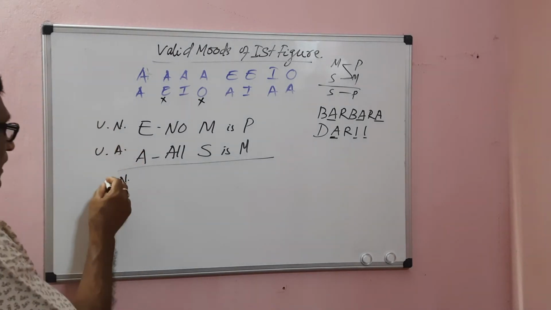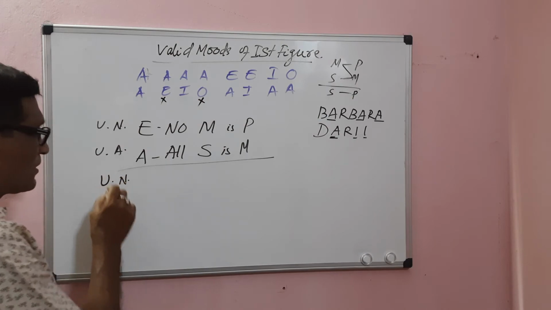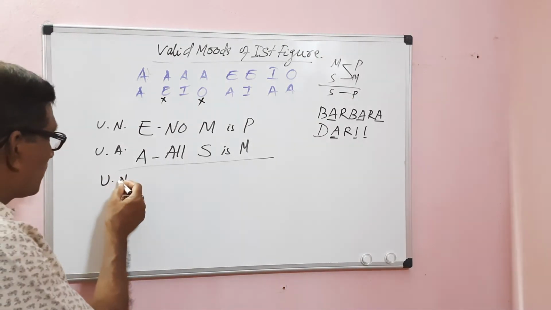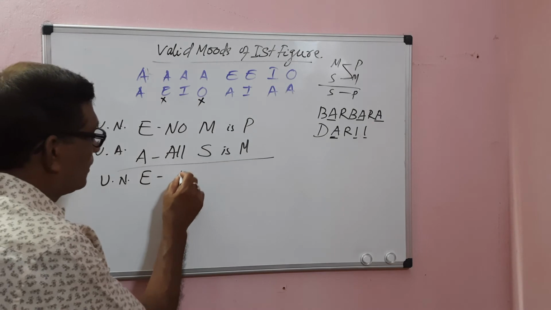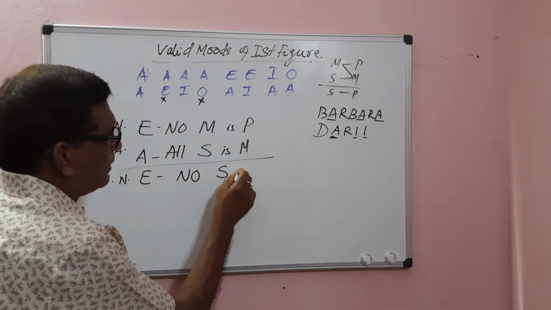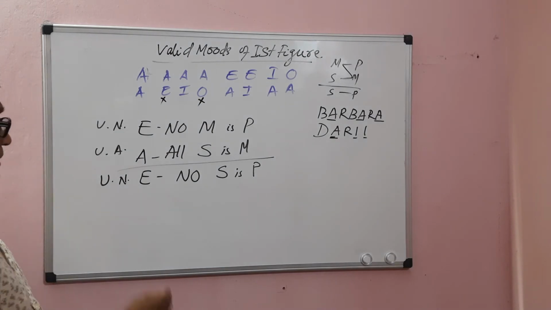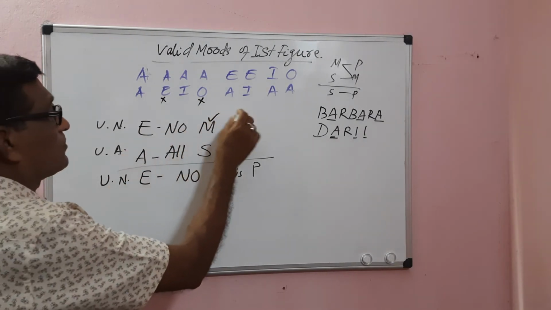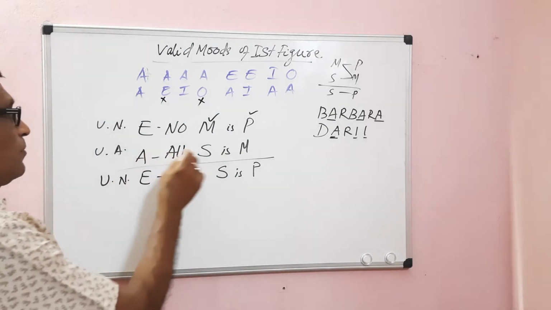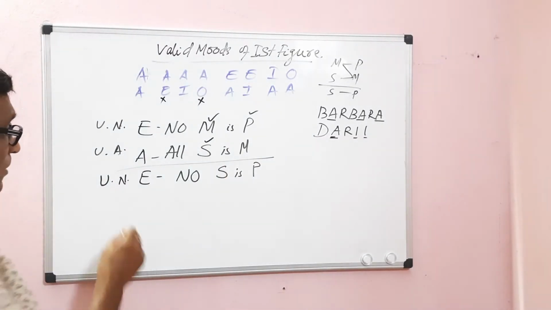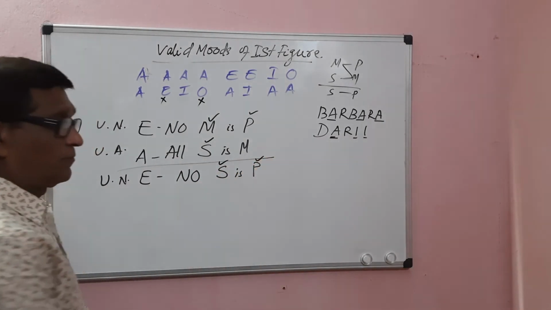When both are universal, the conclusion must be universal. The conclusion will be universal negative, meaning an E proposition: no S is P. Then the distribution of terms: the E proposition distributes both subject and predicate terms, and the A proposition distributes the subject term.